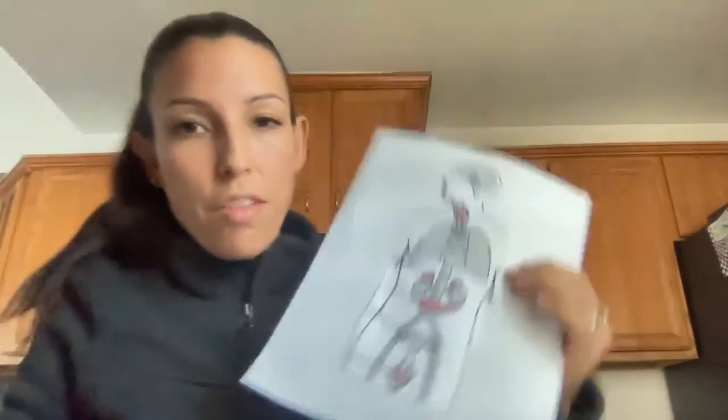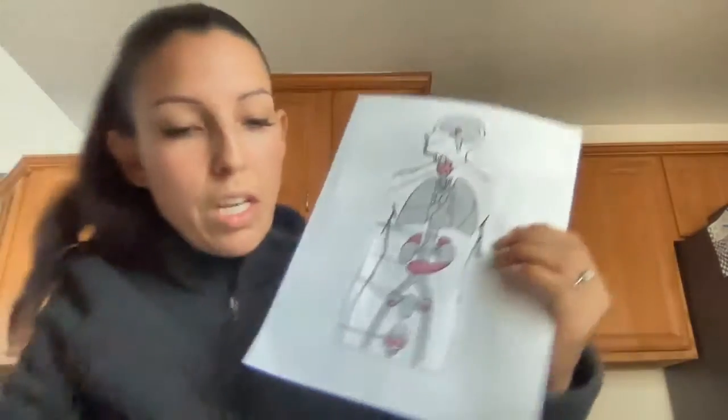Okay, and those ovaries are for the female body. So the ovaries are glands in the woman's body, and they are located on both sides of the uterus. They are oval shaped and they produce egg cells. Okay. And last but not least, we have the testes, which are in the male body.